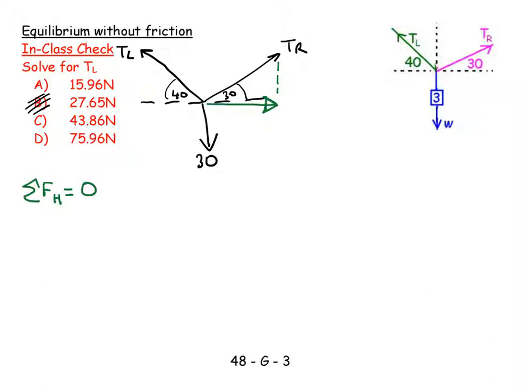And remember, the original vector T right is always the hypotenuse. So I can say that this length here is T right cosine 30 degrees. And I can envisage bringing down T left and imagine the horizontal vector. And this is T left cosine 40.